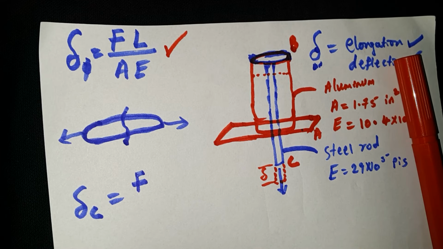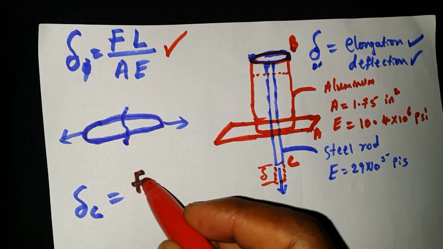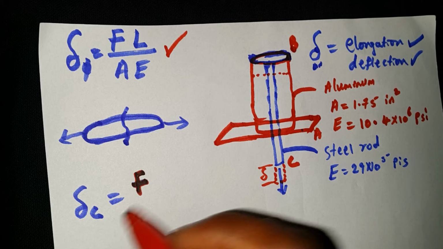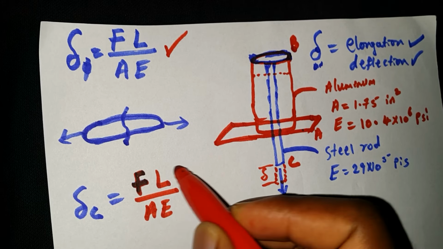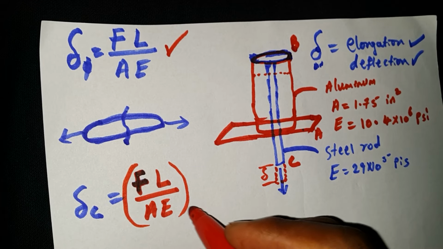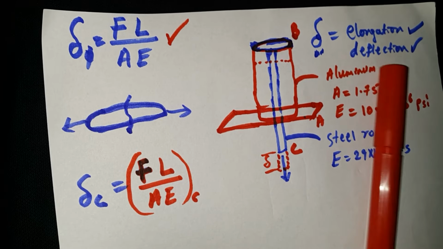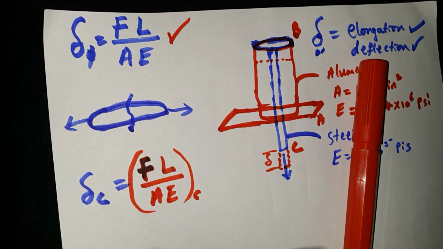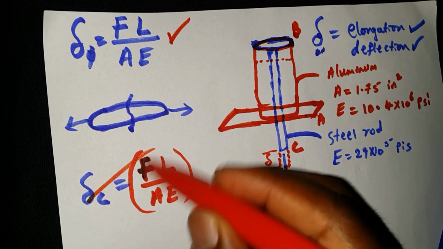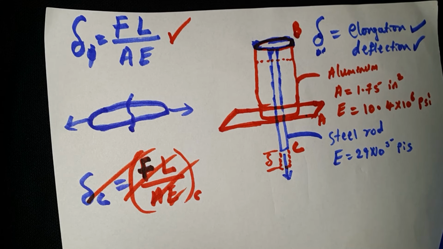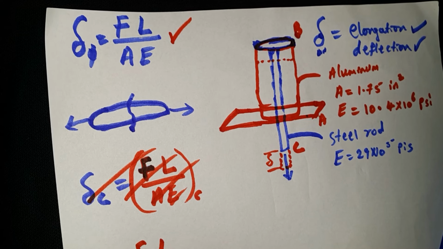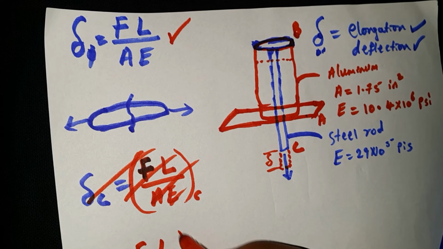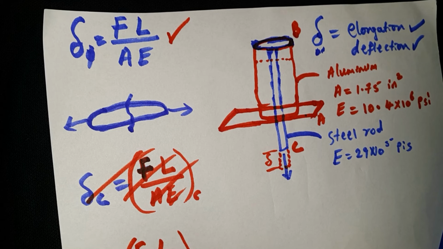Let's use this color for aluminium. The force times length over area times E. This is for aluminium.